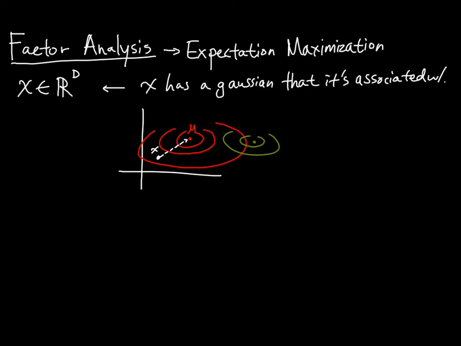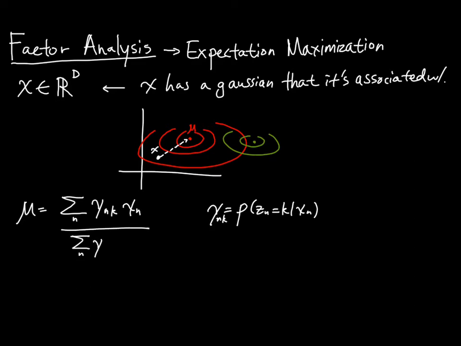Well, recall the idea of the optimal values of Gaussian mixture models. So say mu is equal to the summation of γ_nk x_n over the summation of γ_nk, where γ_nk is equal to the probability of z_n = k given x_n, right?